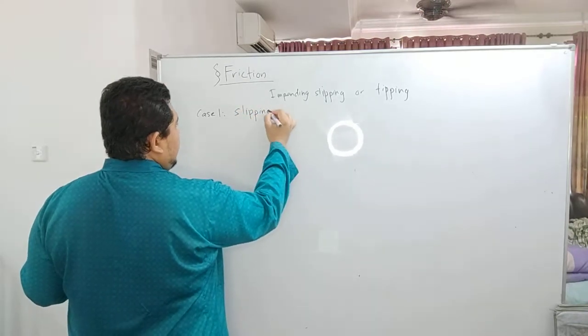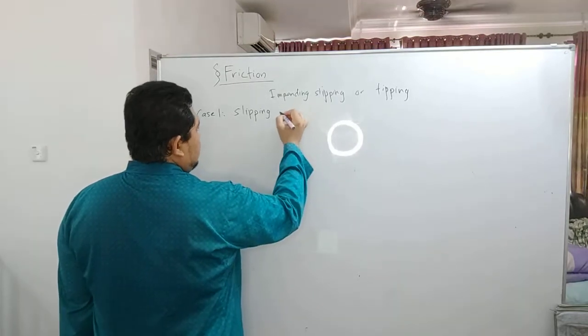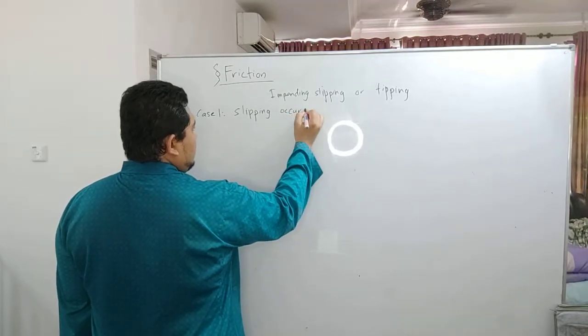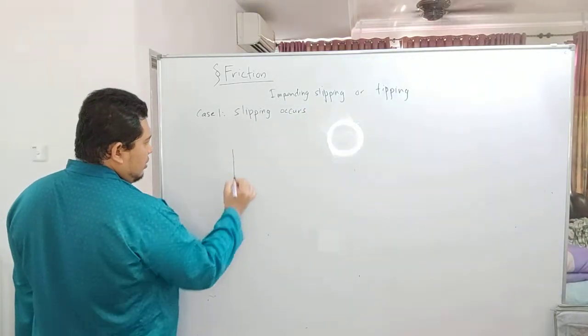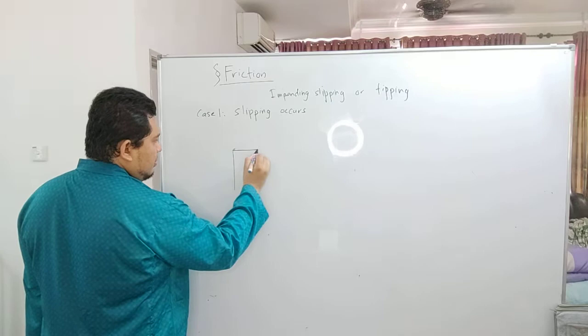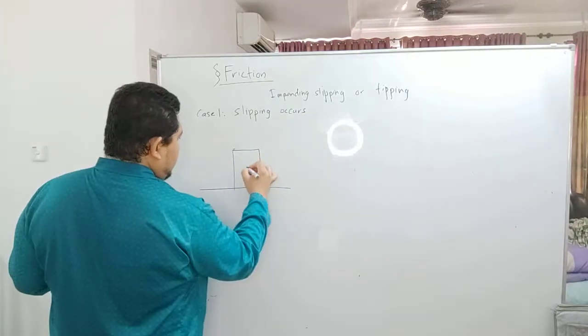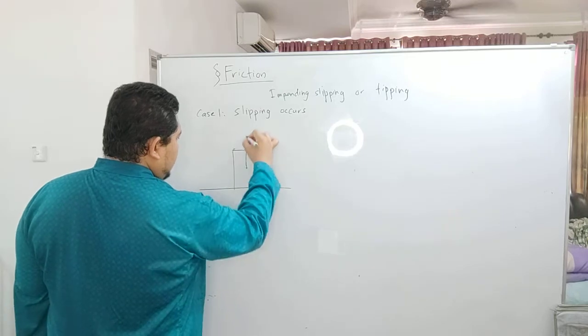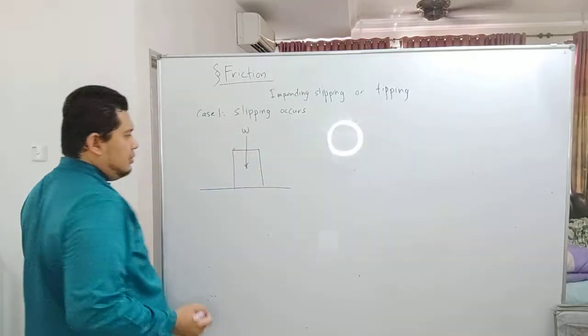This is where the object is impending slipping. So here you can have an object over here. Then you have the center of gravity over here with the applied weight over here.